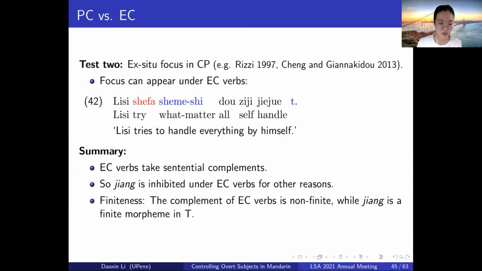So overall, we show that exhaustive control verbs can take sentential complements. So this means the morpheme 将 is inhibited under exhaustive control verbs for reasons other than a lack of TP projection. And we attribute this to finiteness. That is, the complement of exhaustive control verbs is non-finite, but 将 is a finite morpheme.